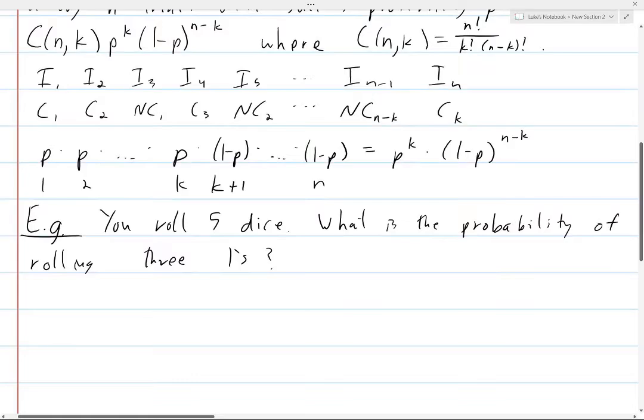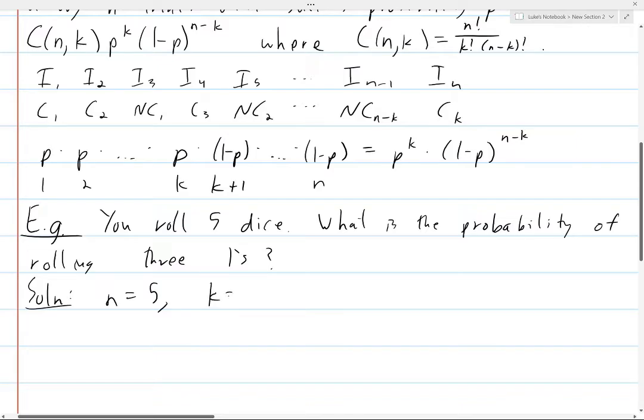All right, so the solution. If you do enough of these problems, you'll immediately recognize this as a binomial distribution problem. So we're rolling 5 dice, so that's the number of trials that we have. The probability of rolling 3 ones, so we want 3 successes. Rolling a 1 is considered a success, and we want 3 of them.